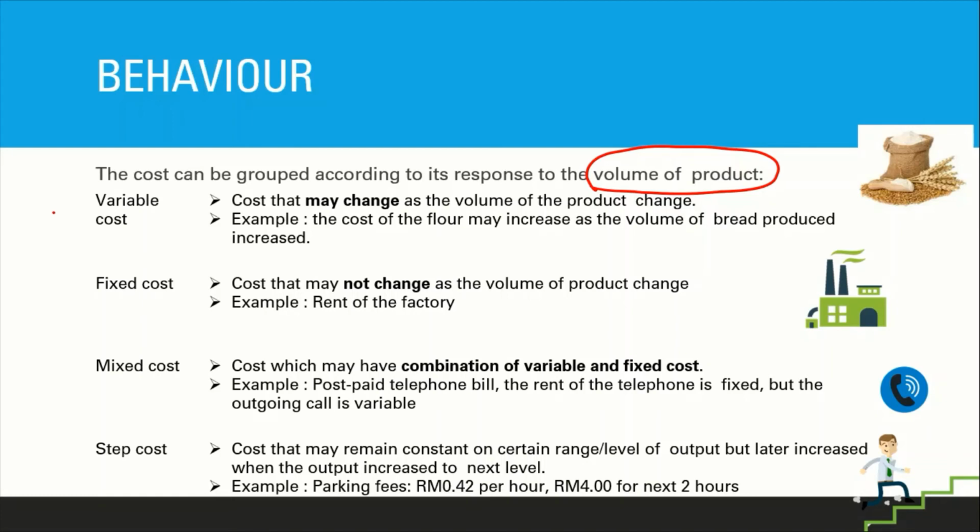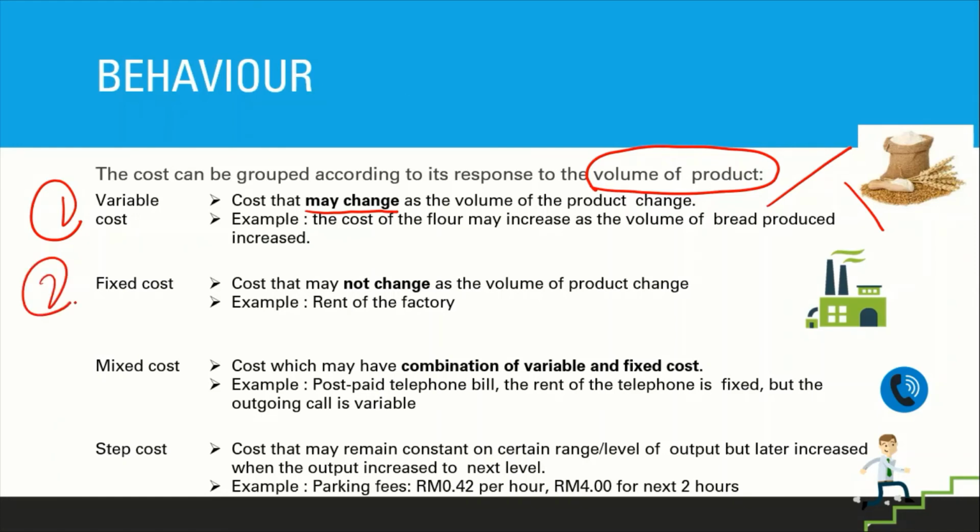So first, we have variable costs, costs that constantly change as the volume of the product changes. So it's not fixed, it's always changing. It's always going up or always going down. Not static, always moving.